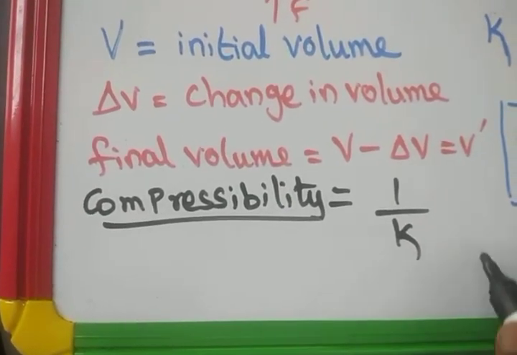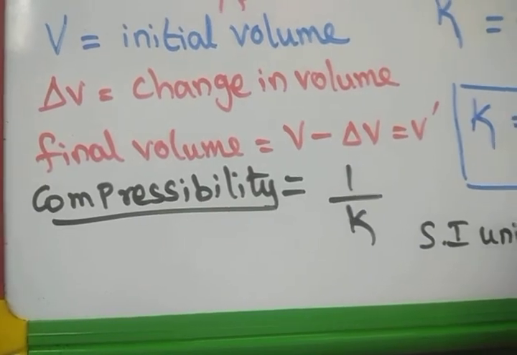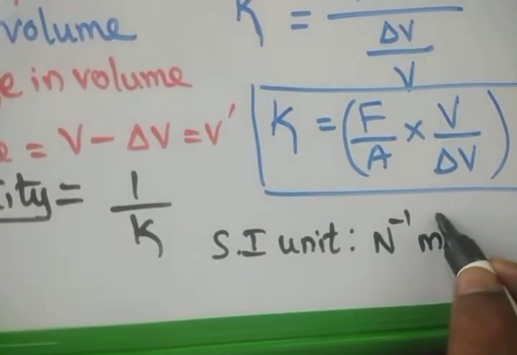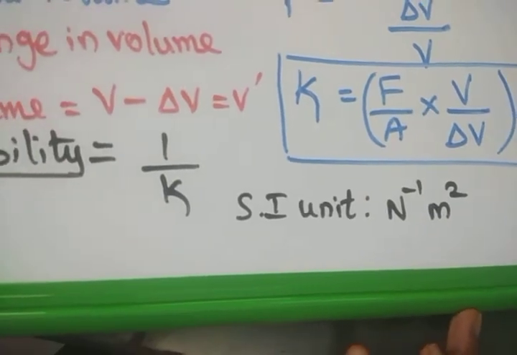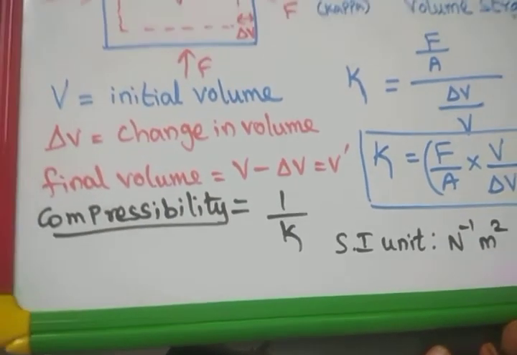You should know this. What is the SI unit of compressibility? It is the inverse of Newton per meter square, that is, Newton to the power minus 1 meter squared. This is the SI unit of compressibility. The reciprocal of the bulk modulus of the material is called compressibility.